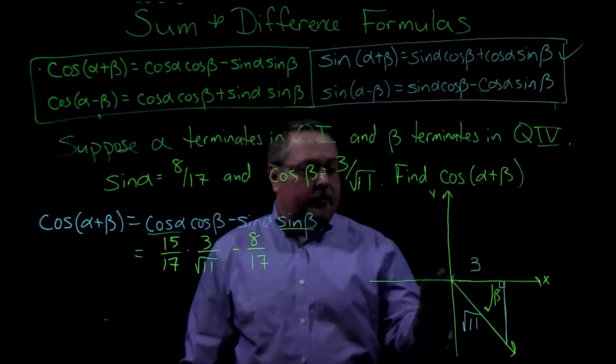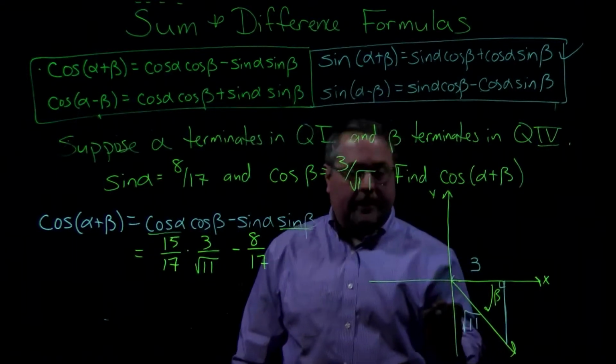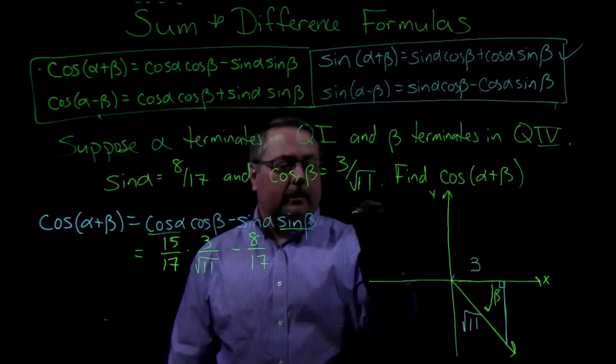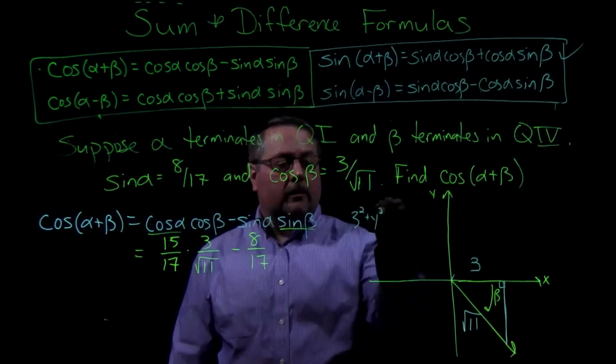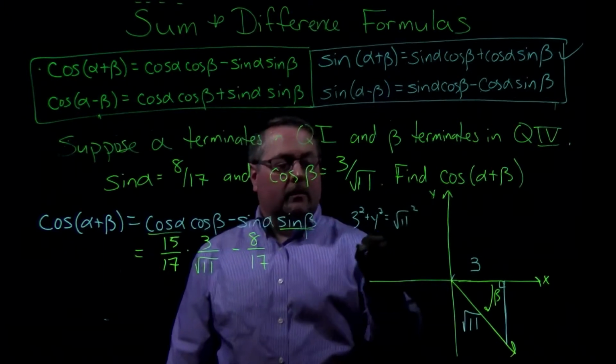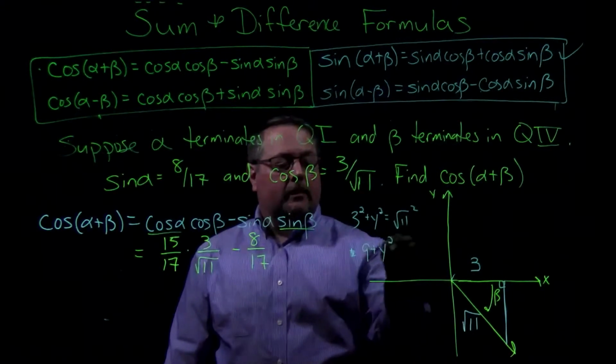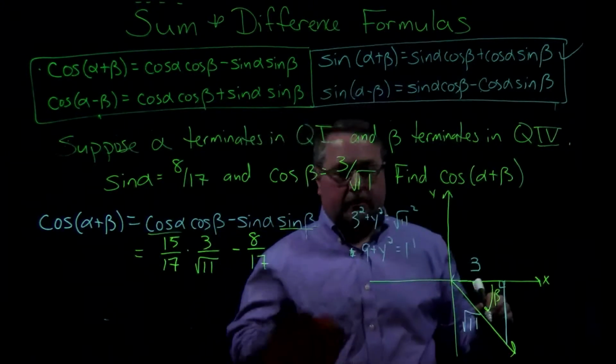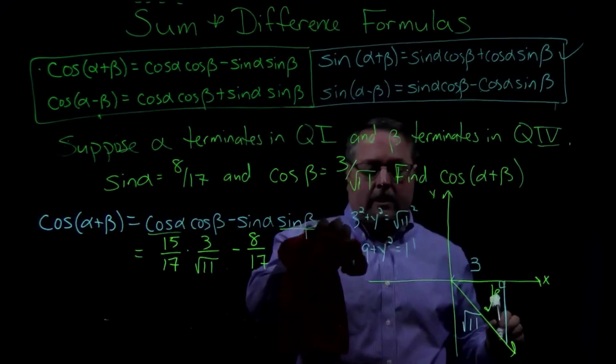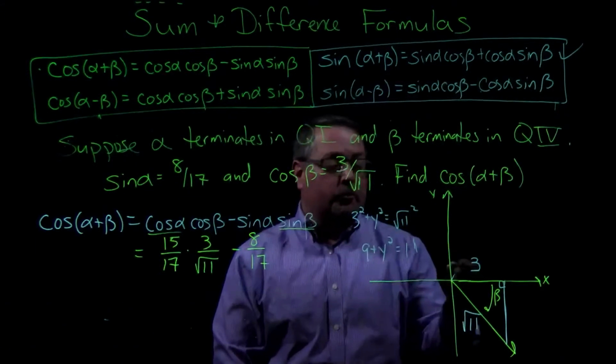So now we're going to have 3 squared plus y squared equals square root of 11 squared. Okay, so 9 plus y squared is 11. And therefore y squared is 2.